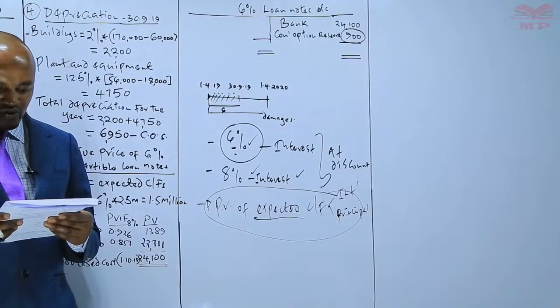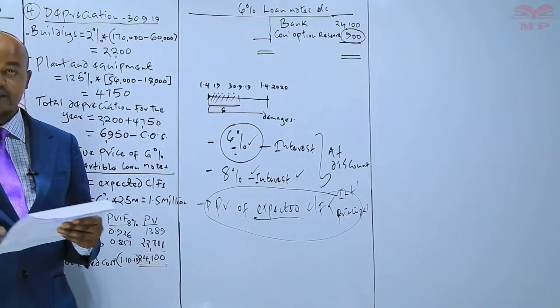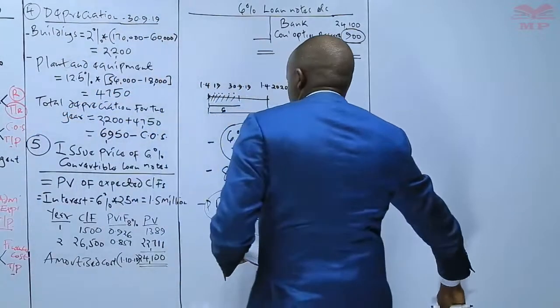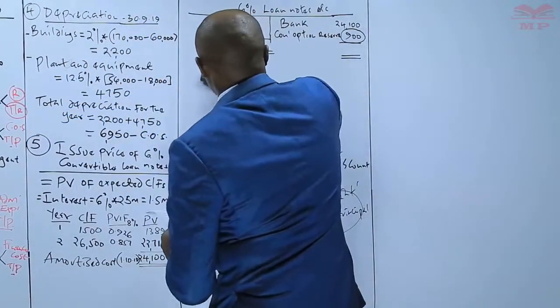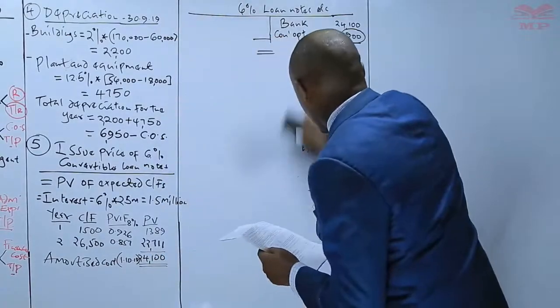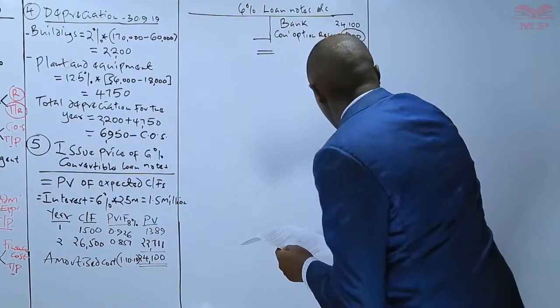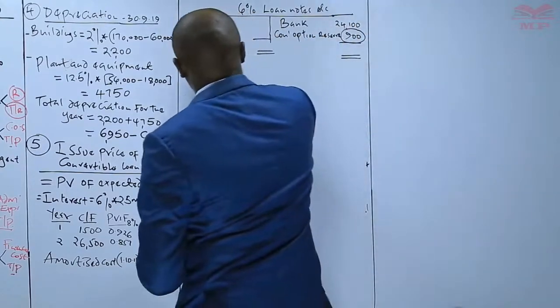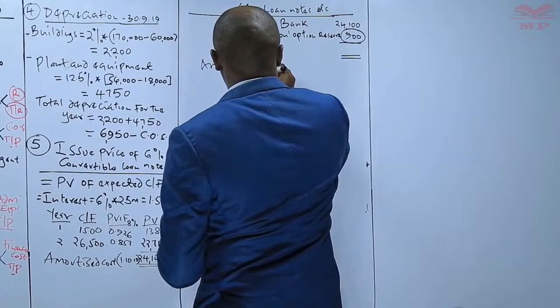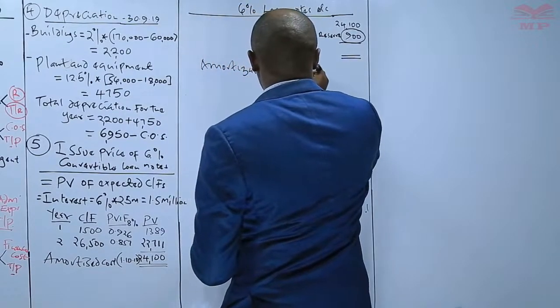We also need to determine the interest for the current financial year, or basically the finance cost, in respect to those 6% loan notes. So we can just prepare something known as an amortization schedule.